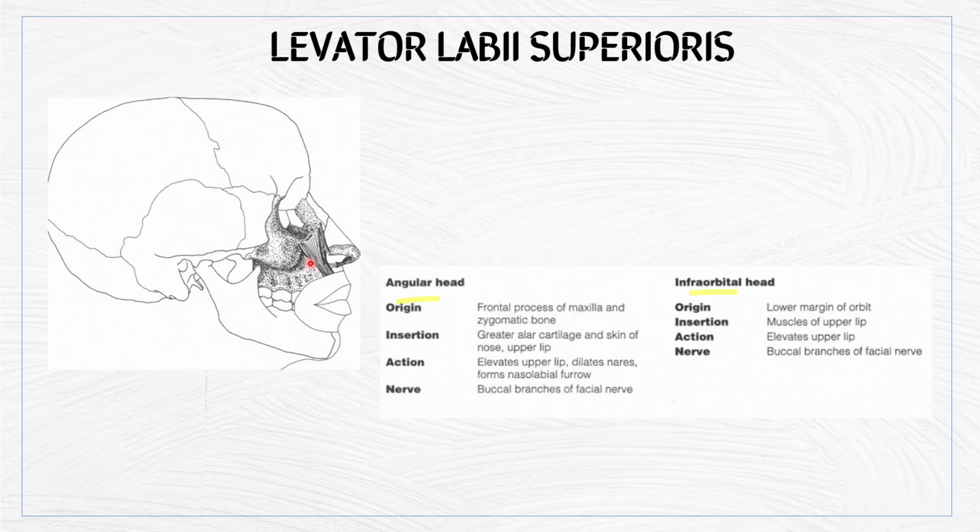So, both heads arise from maxilla on the inferior margin of the orbit and get inserted into the alar cartilage and also the muscles of upper lip. So, the action of both parts is the same, that is, it elevates the upper lip, and the nerve supply for both parts is buccal branch of facial nerve.